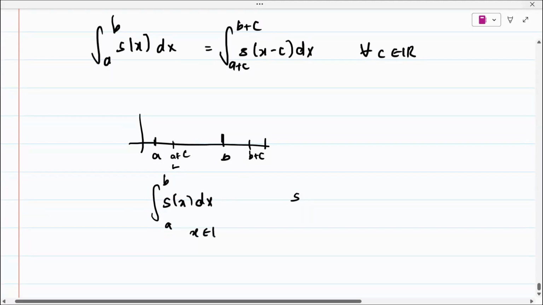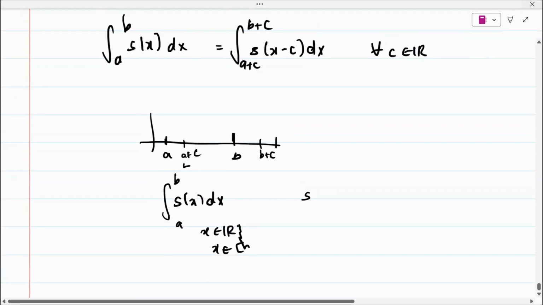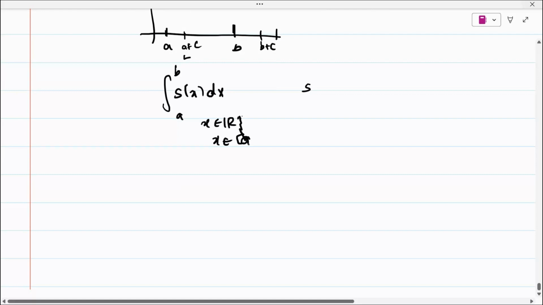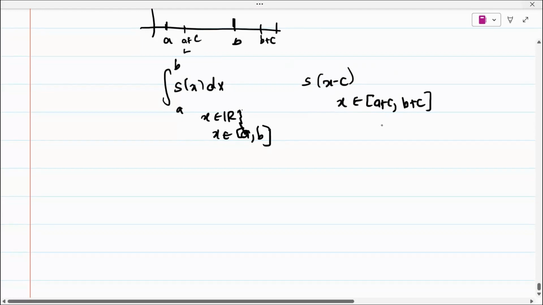Where x is a member of this interval. In the same way, you take this new function, where x is a member of a plus c to b plus c. And then you break it into partitions and all that. That comes into the proof.